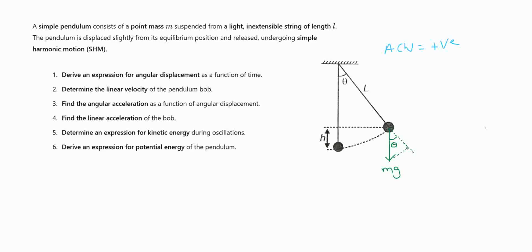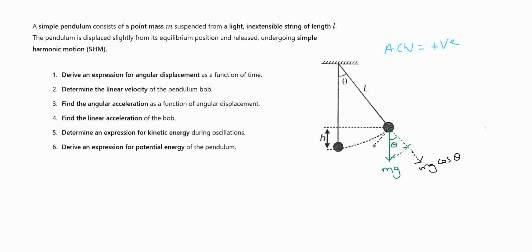Now if you form a right angle triangle, as it is mg on this side and this is the adjacent side, the force along this direction will be mg cos theta. Now the force along this, which is the opposite side, will be mg sin theta.